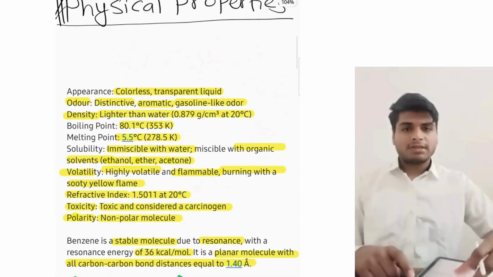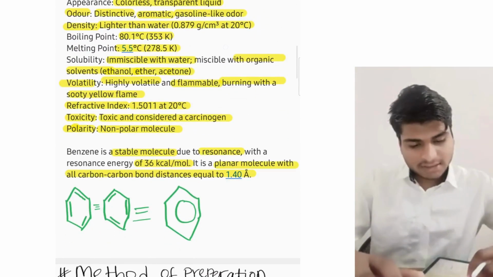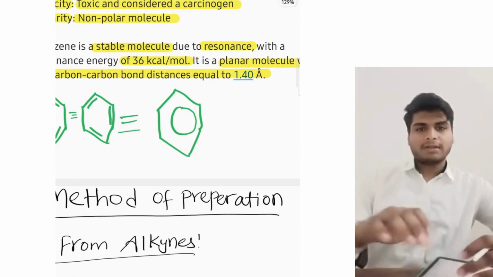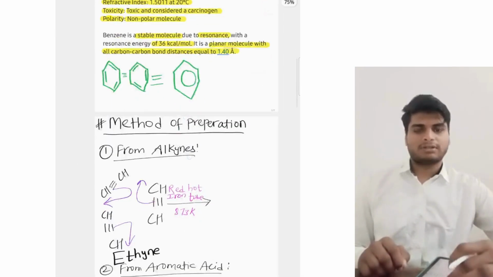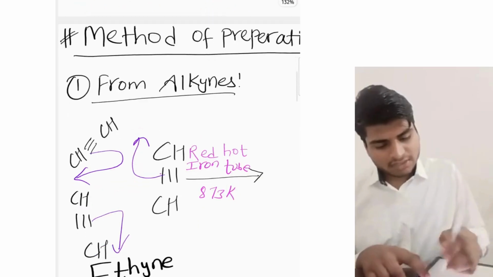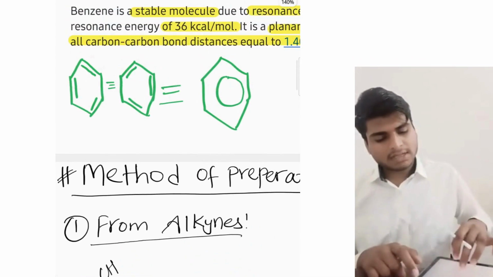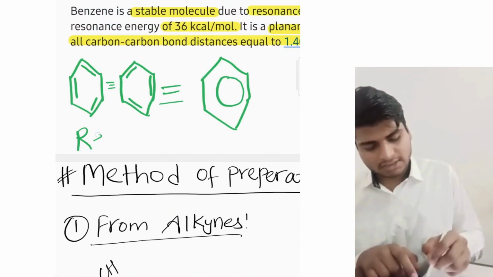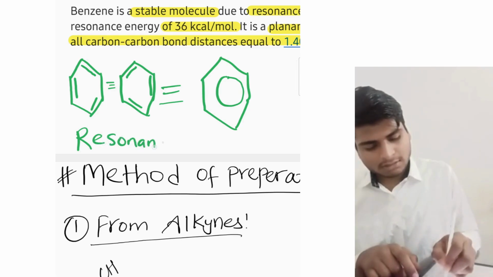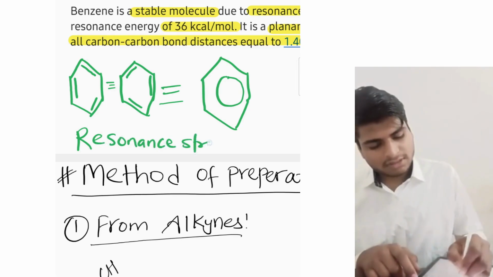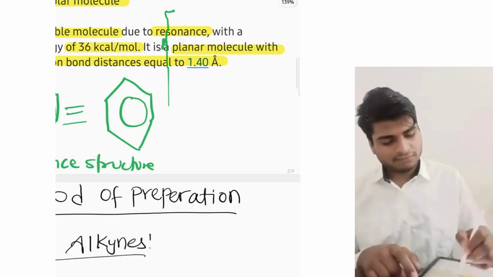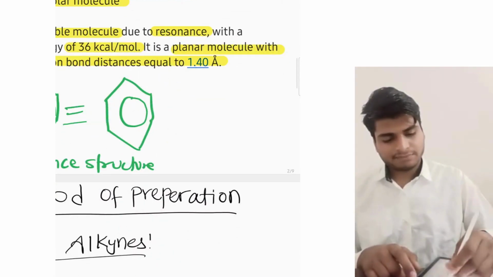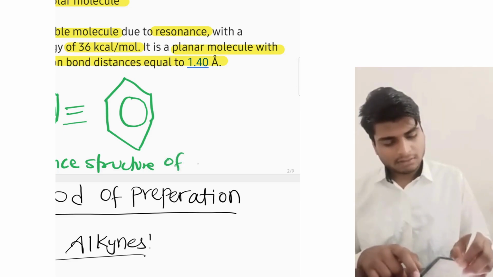This circle represents that the electrons are revolving around all the carbons. This is the resonance structure of benzene.